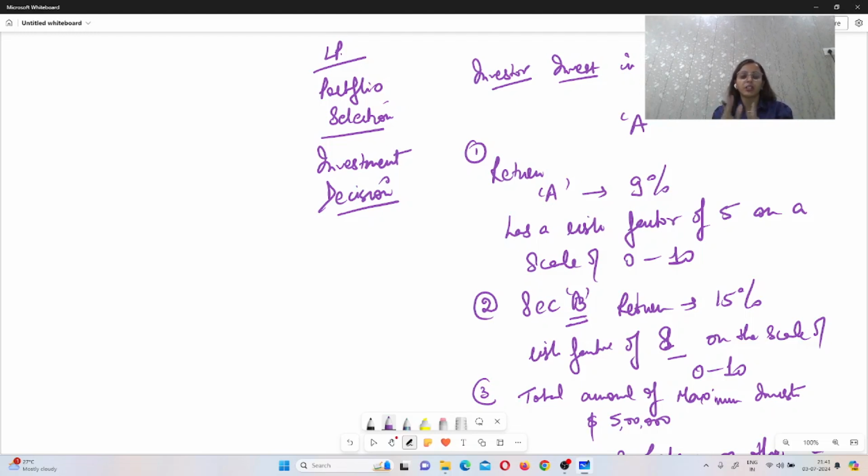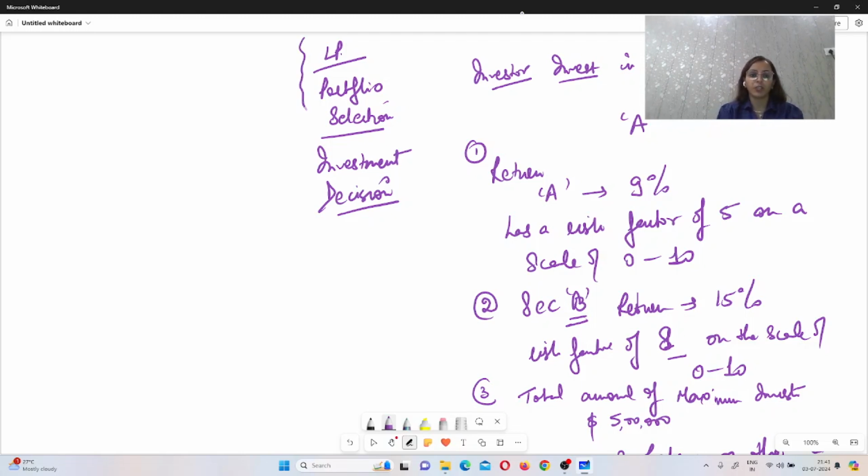Security A gives a return of 9% at a risk factor of 5 on a scale of 0 to 10, and security B gives a return of 15% at a risk factor of 8, again on a scale of 0 to 10. The total amount of investment is 5 lakh, the total minimum return on the investment should be 12%, and the maximum combined risk should not be more than 6. You have to formulate the linear programming equation.